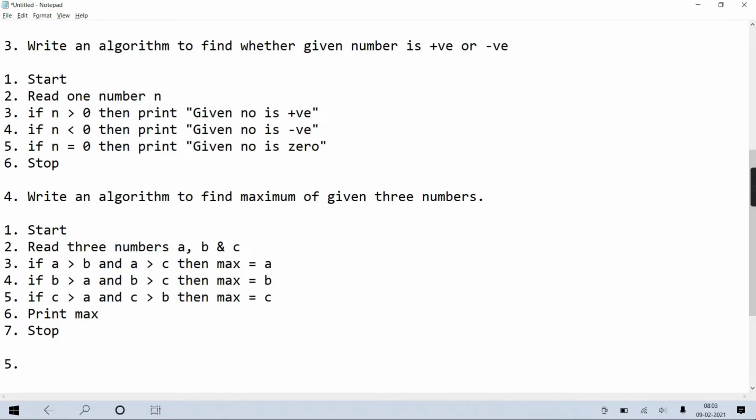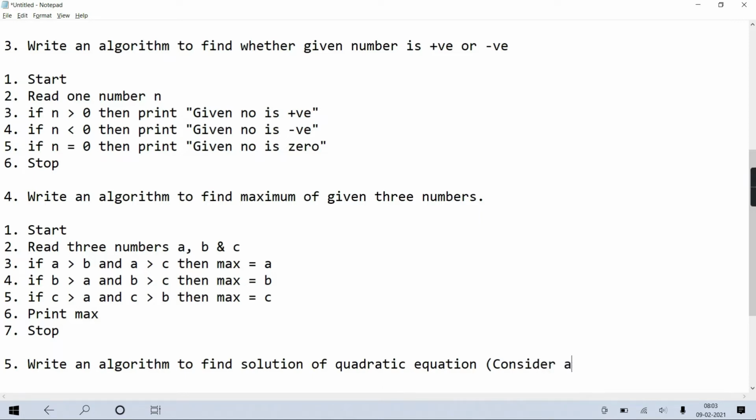One more example I'll give you. This one I'm surely expecting from you guys. Write an algorithm to find the solution of a quadratic equation. Consider all cases.